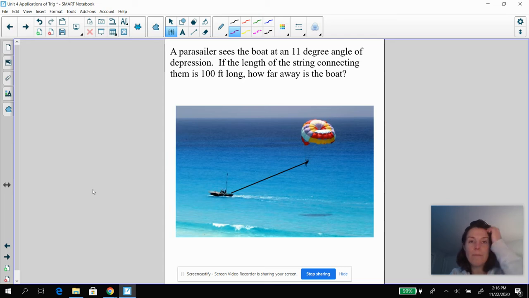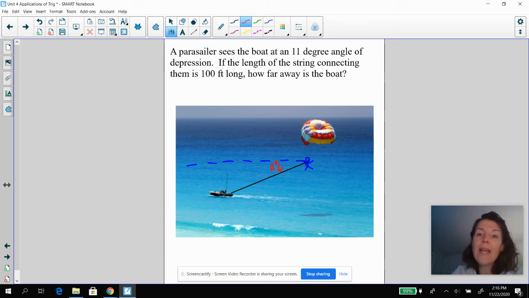All right, now let's look at this one. We've got a parasailer. Here's my parasailer up in the little balloon, having the time of his life. I'd be freaking out, but whatever. He sees the boat at an angle of depression of 11 degrees. Remember, the parasailer's horizontal is like this, so the angle of depression is from this horizontal down this way, 11 degrees.